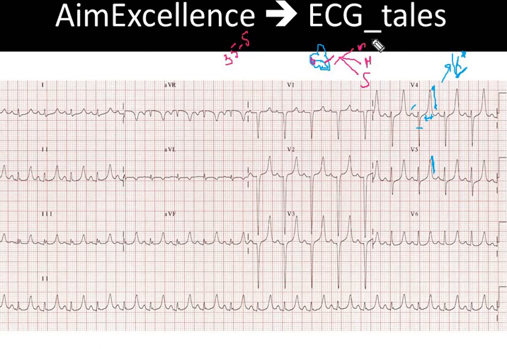Mild is going to be up to 5.5 milliequivalents per liter. Moderate is whenever it is crossing 6, and severe is going up to 7 milliequivalents per liter.